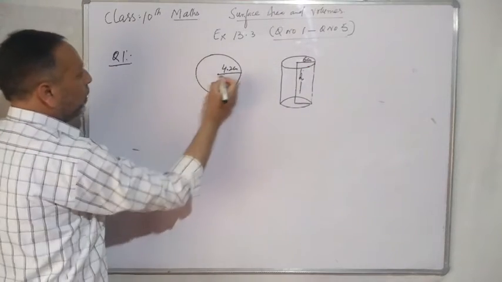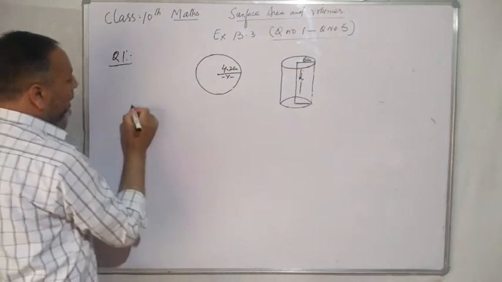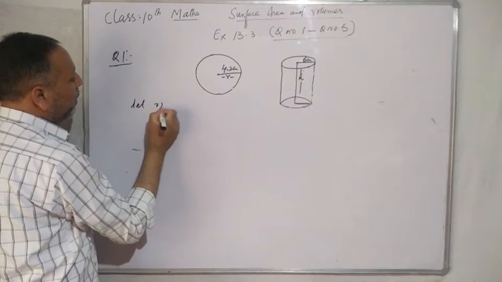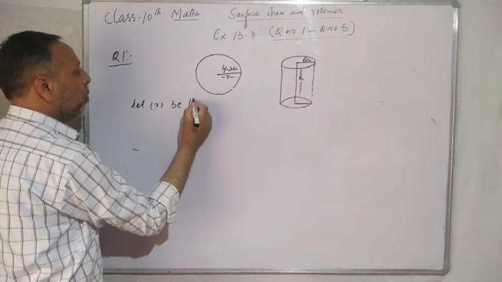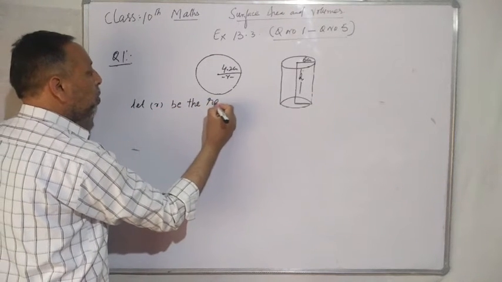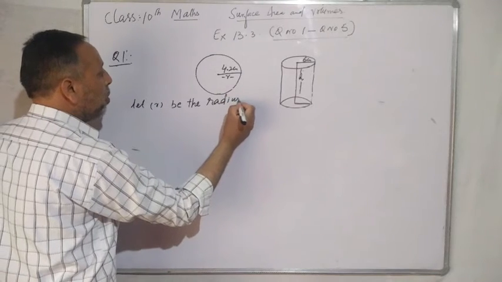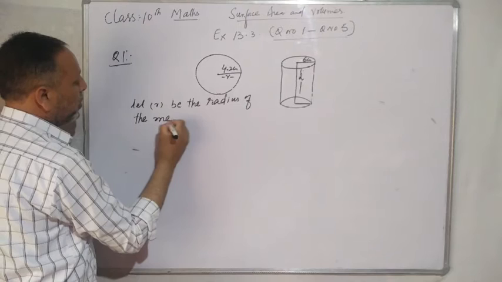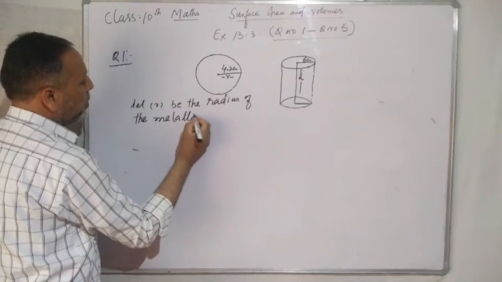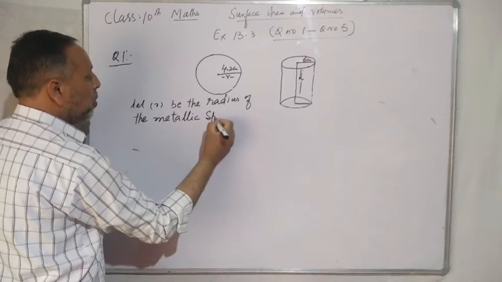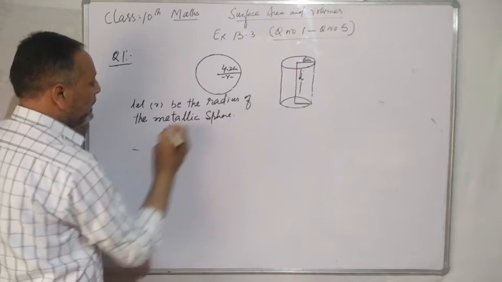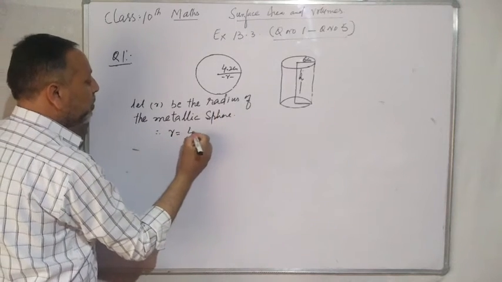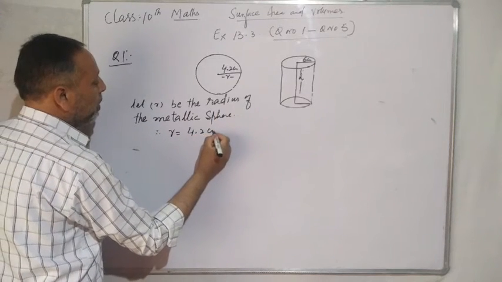So let r be the radius of the metallic sphere. Therefore we have r equal to 4.2 centimeter.